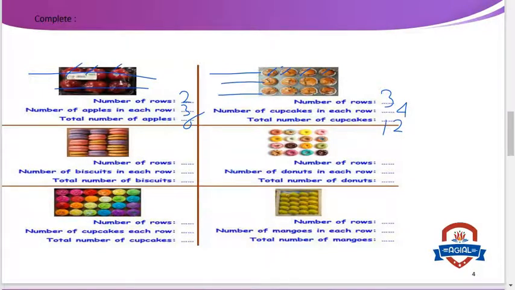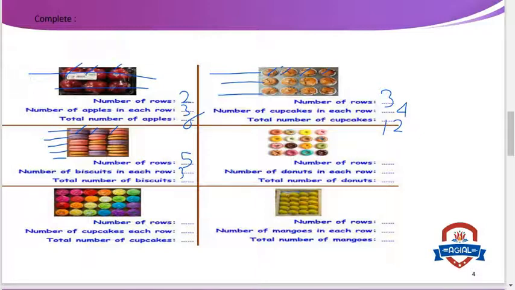Okay, number 3, number of rows. How many rows? 1, 2, 3, 4, 5. Super. We have 5 rows from the left to the right. Number of biscuits in each row. How many biscuits in each row? 1, 2, 3. So we write 3. So total number of biscuits.